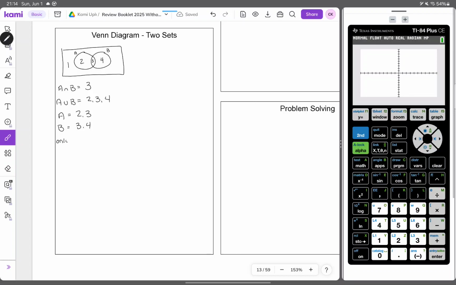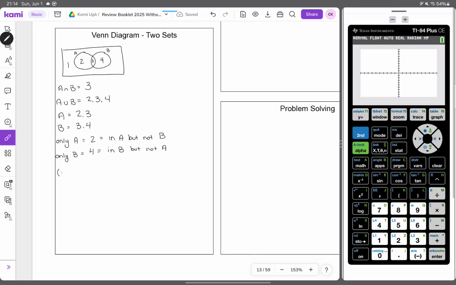If we stick the word only, if I'm in only A, this is 2. Same thing as saying in A, but not B. Again, I can do this with B. If I'm only B, that's going to be 4. And we'd say in B, but not A.